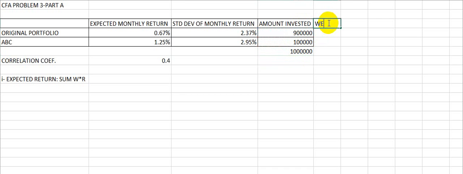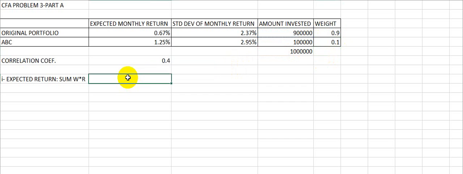Now the weight is investment over total investment. So for the original portfolio, the weight is investment of $900,000 divided by the total investment, so the weight will be 90% or 0.9. And for the ABC stock, the weight will be $100,000 over 1 million, which is 10% or 0.1.